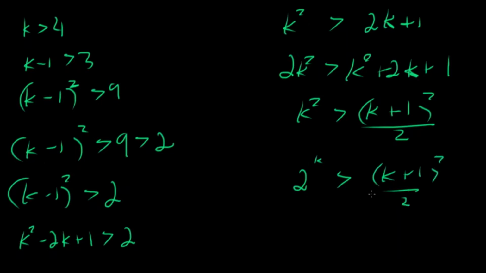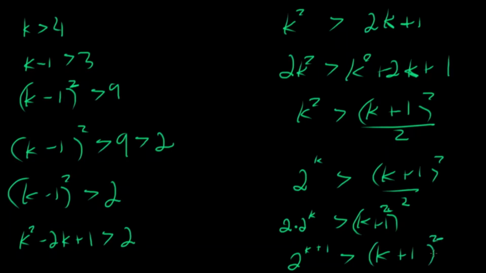I'm going to multiply by 2 on both sides. And I believe that we are done, because 2 times 2 to the k is 2 to the k plus 1, and we have just proven that the kth case implies the (k plus 1)th case.